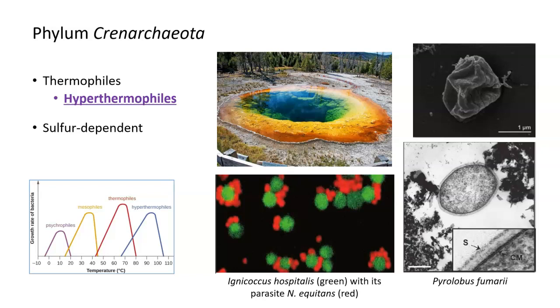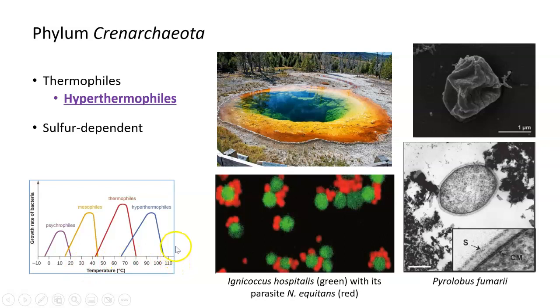Most members of this phylum fall into the category of thermophile, or temperature lover. In particular, a lot of these are actually hyperthermophiles, archaea that love extremely high temperatures. Down here you can see a chart that shows the growth of organisms at different temperatures.